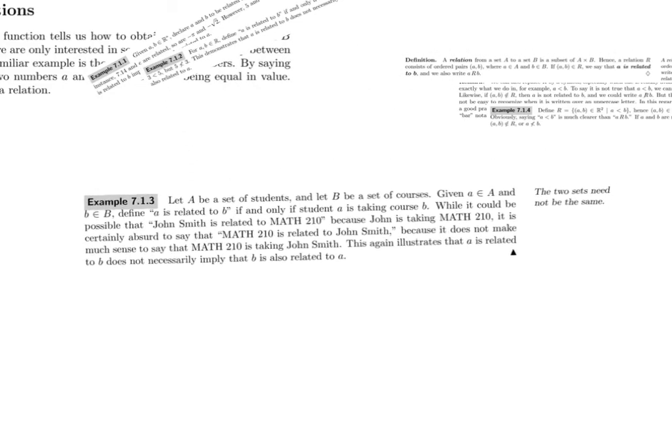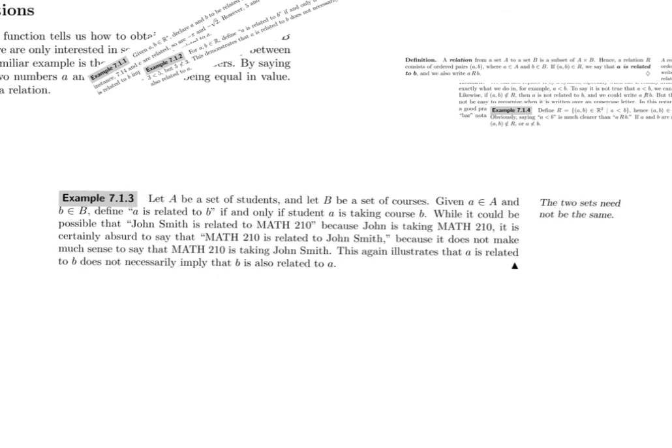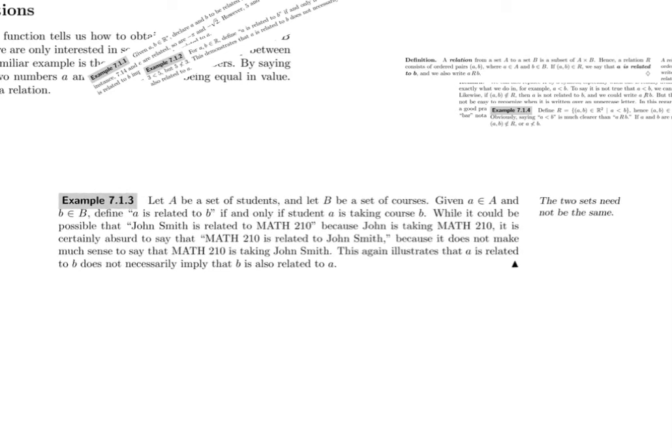So here's another example. We can define relations in words, not just using symbols. So we say let A be a set of students, B is a set of courses. So let's say little a is a student, in other words, an element of capital A, and little b is a course, in other words, an element of capital B. We could say that a is related to b if and only if student a is taking course b.